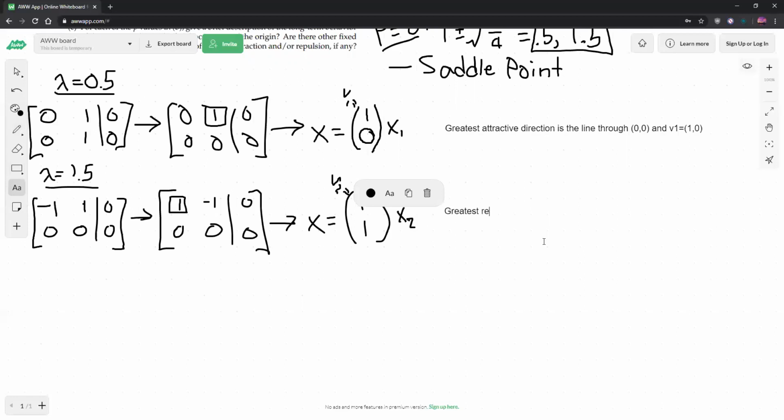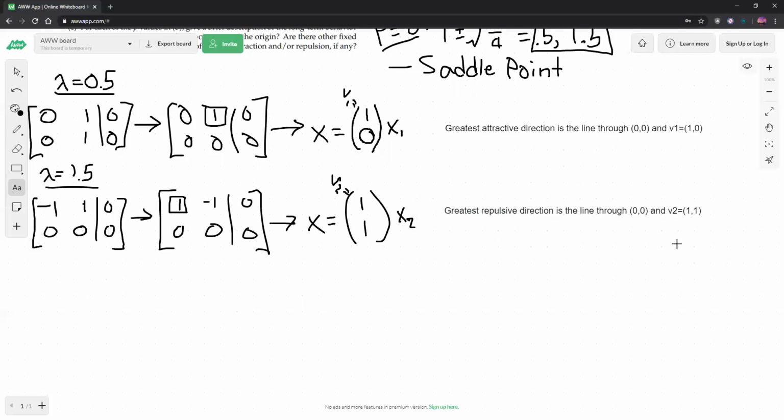So our greatest repulsive direction is the line through 0, 0, and 1, 1. All right, there you have it. We can call this v2. Right, so there you go.